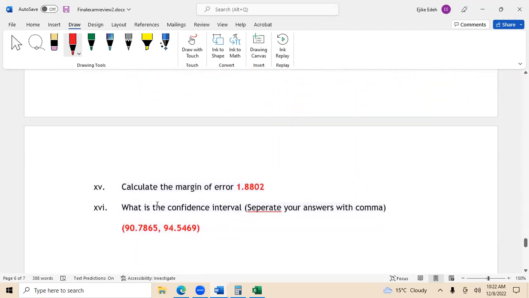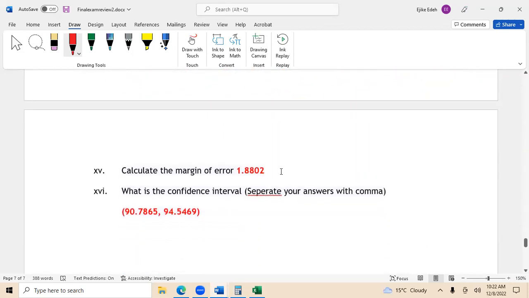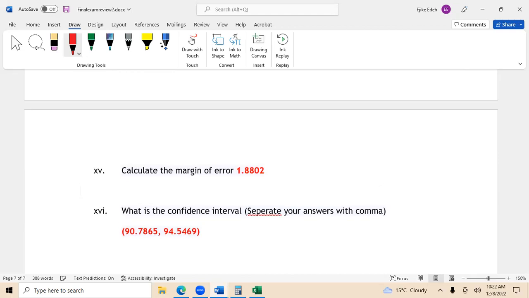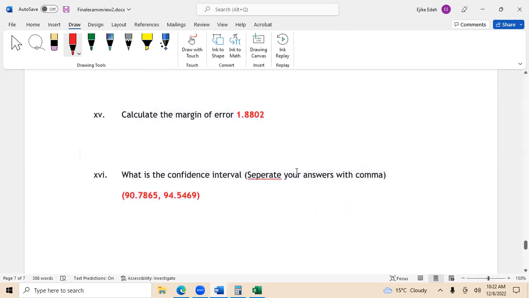Speed up a little bit. So you have the margin of error here. So these are all concept questions, right? If you remember the concepts, you will be able to just pick up the answer. So margin of error, if you remember, is just your critical value times standard error.